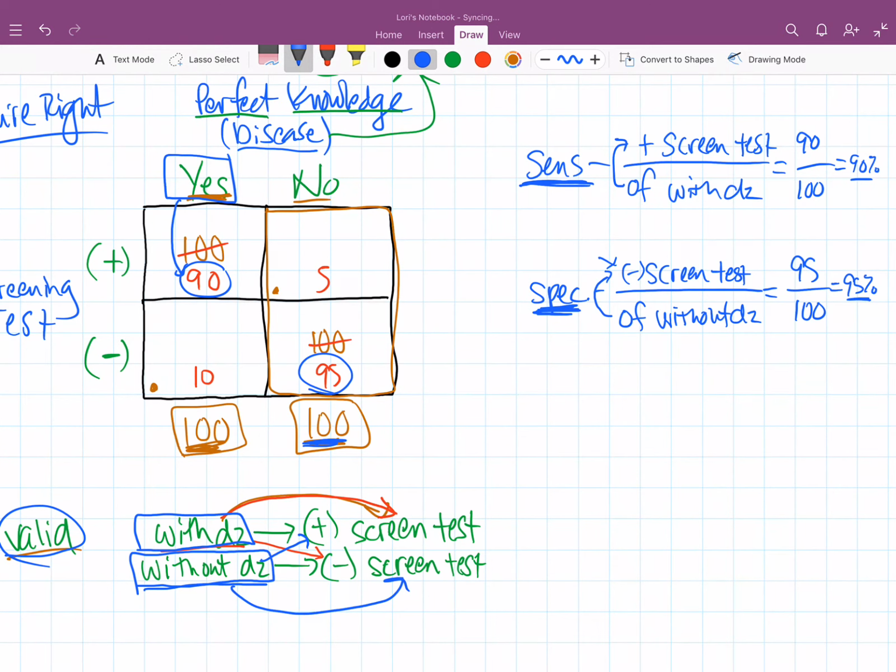So those are the two, sensitivity and specificity, for a screening test. So that's how we calculate them.